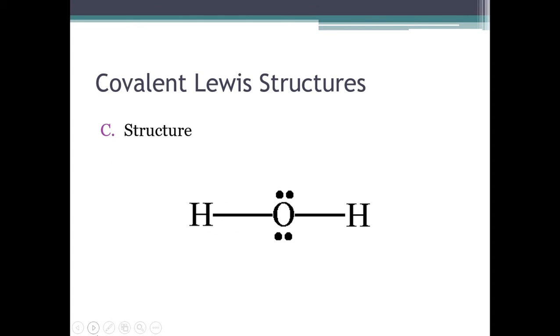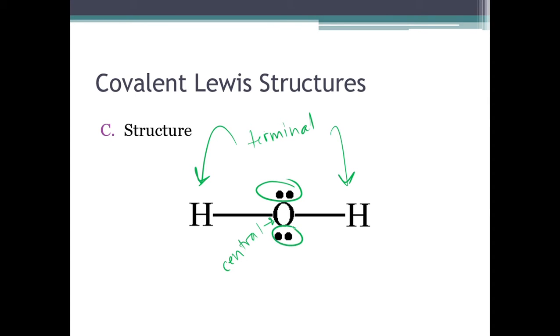So here's an example. This is, of course, water. So we have oxygen here in the center. This is your central atom, the oxygen. We have two terminal atoms. Those are both these hydrogens. So this hydrogen is a terminal atom. This is a terminal atom. We have two lone pairs. This is a lone pair and this is a lone pair.